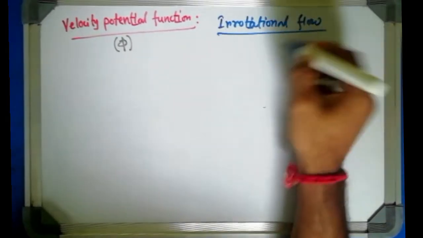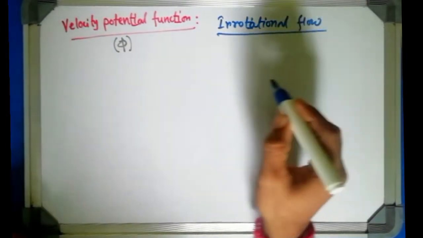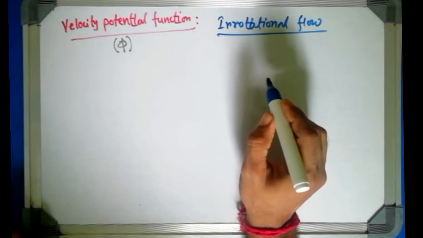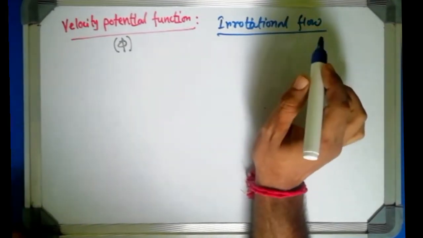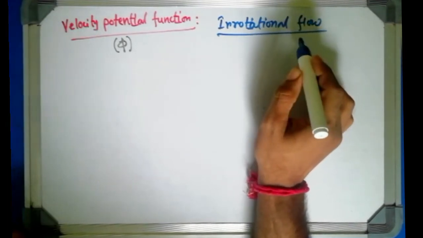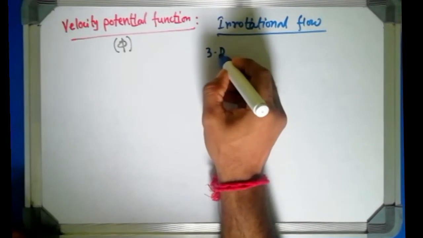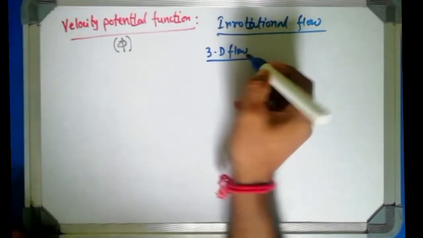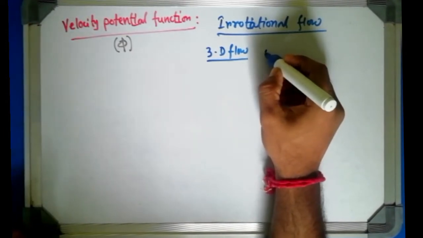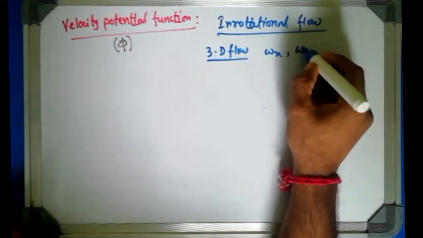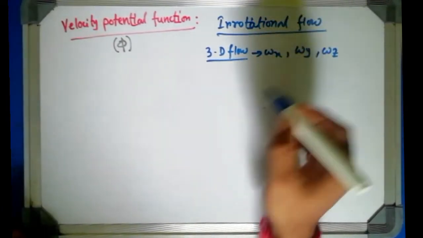Irrotational flow means no rotational component is there, only the translational component of velocity is acting. So the rotation of every fluid particle is zero in case of an irrotational flow. In case of 3D flow, I have already written those rotational components: omega x, omega y and omega z will be valid for 3D flow.